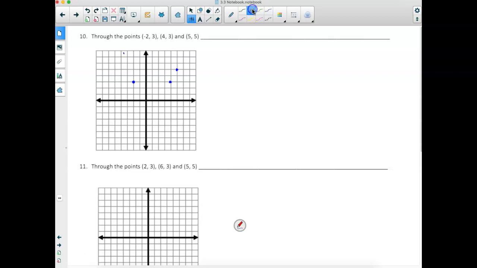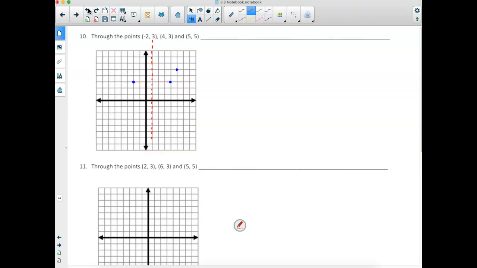Well, I know between 2 points on here, I can tell automatically this is going to be my axis of symmetry. That has to be my axis of symmetry because these 2 points at the same y value are equidistant across. So my axis of symmetry has to be 1, okay?